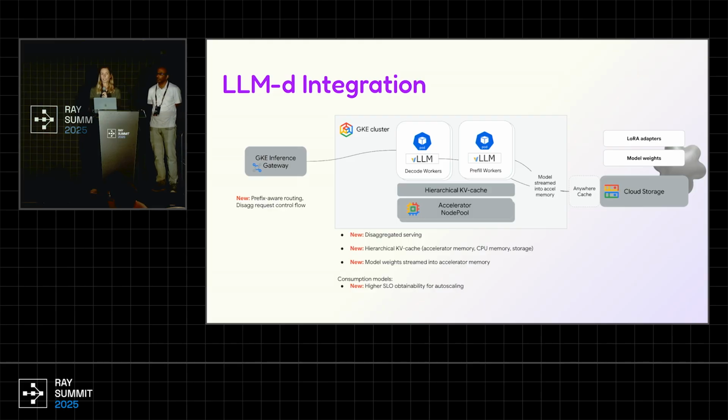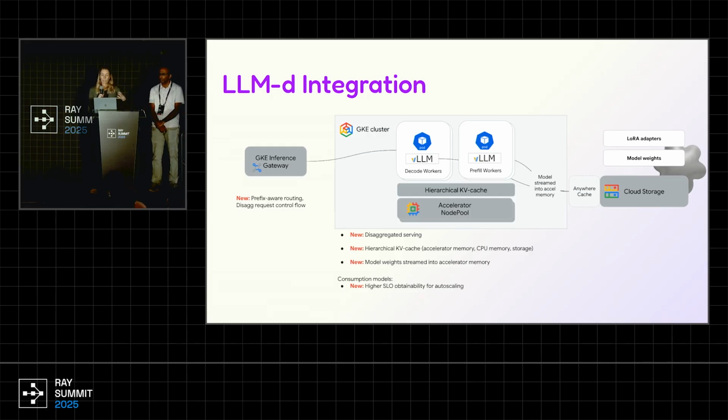So, LMD integration. I know Rob Shaw had a session here, earlier or maybe later. LMD is an open source framework that uses a bunch of composable parts out in open source to make up a really high performance production inference stack. vLLM is the backbone of LMD as the inference engine, but it borrows things from LM Cache and from Inference Gateway, also led by Google in partnership with Red Hat.